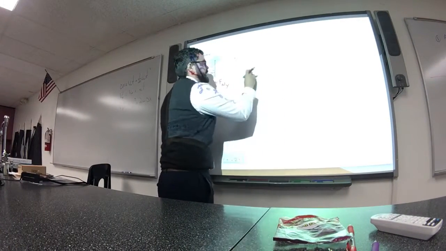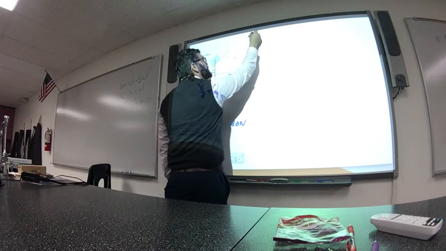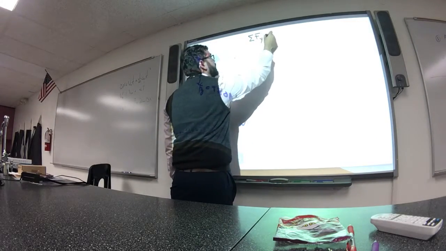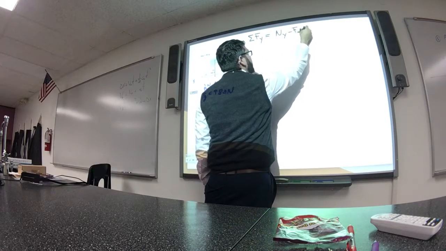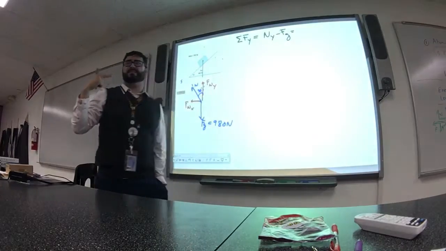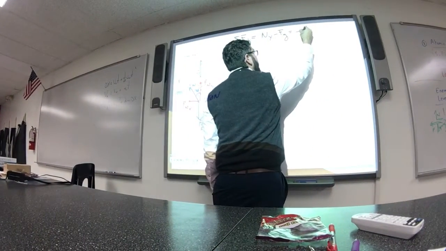I'm actually going to write them a little bit higher up so that I have room. My sum of forces in the y will be that normal force y minus force of gravity. We have already established that this system is going to move down and to the left, so this should have a negative ma.